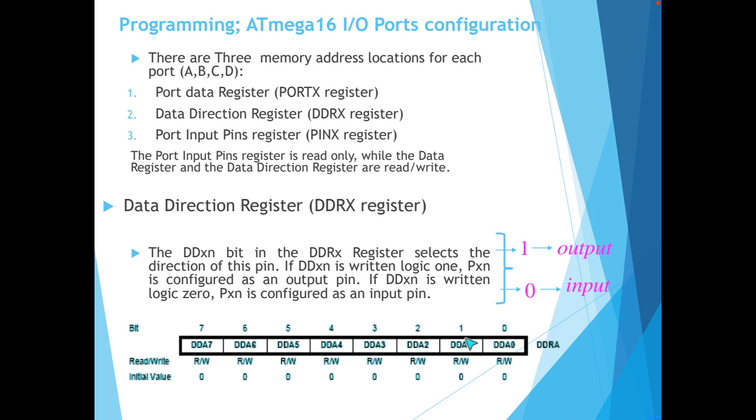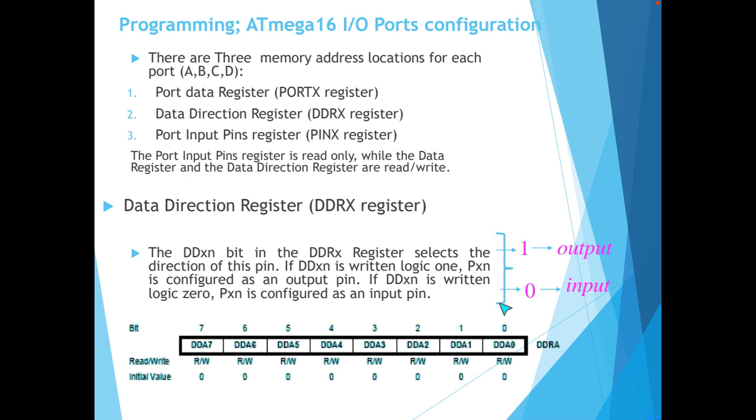Having a logic 1 value for each of these bits of the DDRX register, it can be A, B, C, D ports, means that the pin whose value is equal to 1 is configured as output.